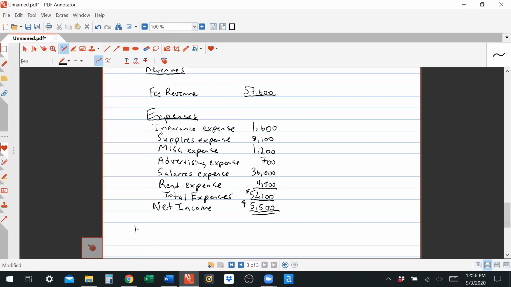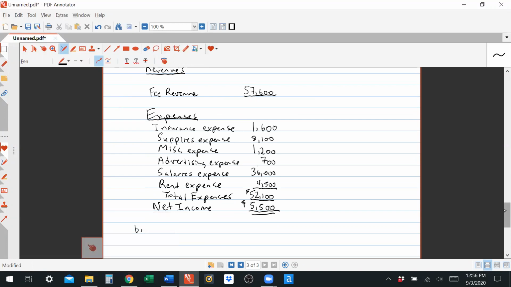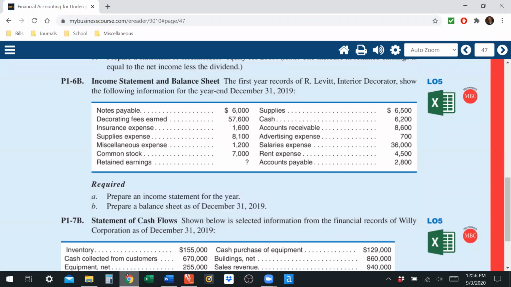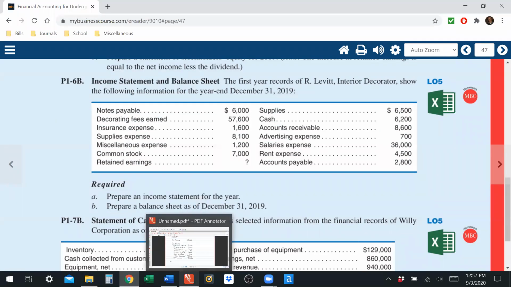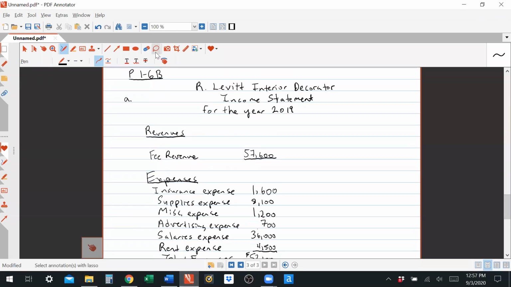Part B, balance sheet. We prepare our income statement first. Then we should prepare the statement of stockholders' equity, but it doesn't ask us to do that. It asks us to prepare a balance sheet, part B, right here. As of 12/31/2019, so the heading, same as this, but we can just change the wording a little bit.